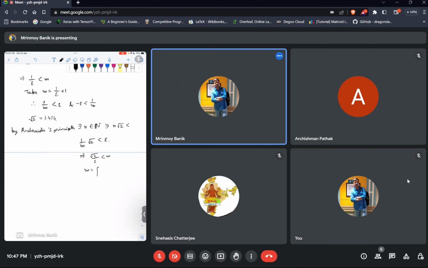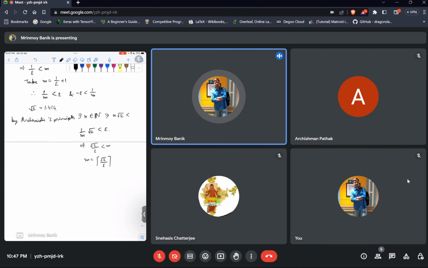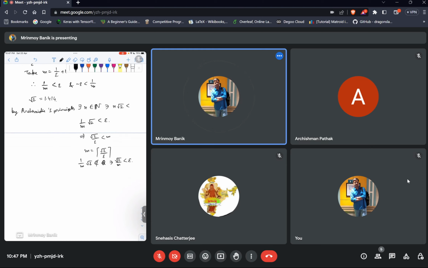This way we can very well take m to be ceiling of root 2 by epsilon, right? So if we take m to be ceiling of root 2 by epsilon, then for this m, 1 by m times root 2 is an irrational number, and 1 by m times root 2 is less than epsilon from the definition of m.